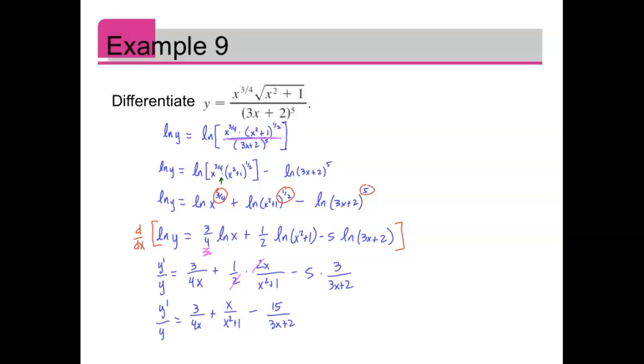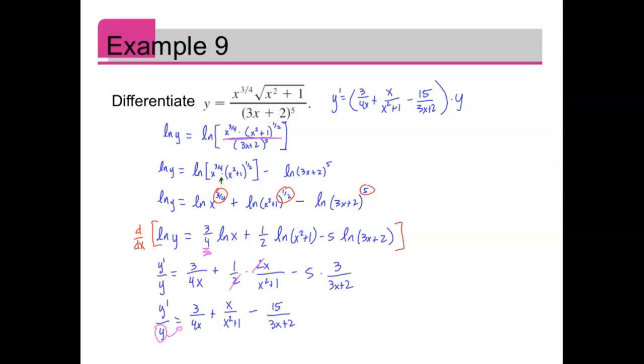But remember, my goal is to isolate y prime, so I'm going to multiply this y to the other side. So I'm going to end up with y prime equals, what do I have here? 3 over 4x plus x over x squared plus 1 minus 15 over 3x plus 2 times y.